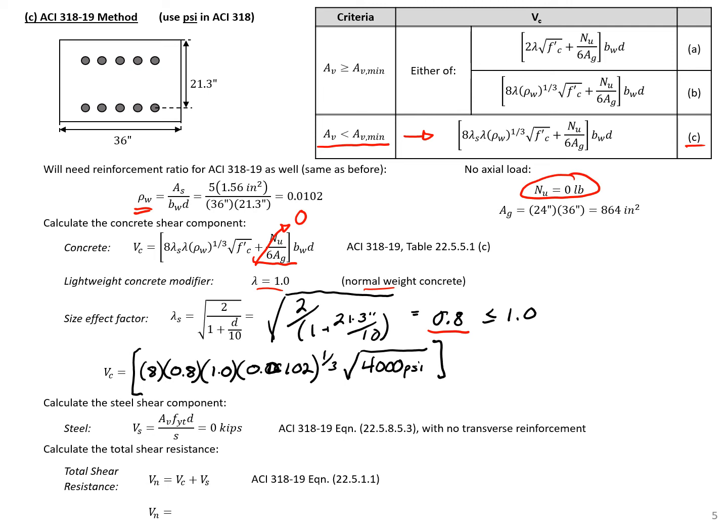So when we close our parentheses, take BW 36, D 21.3 divided by 1,000 pounds per kip, which will give us a VC here equal to 67.3 kips. Again, we have no shear reinforcement, so 0 kips for our steel, so our VN is equal to 67.3 kips.